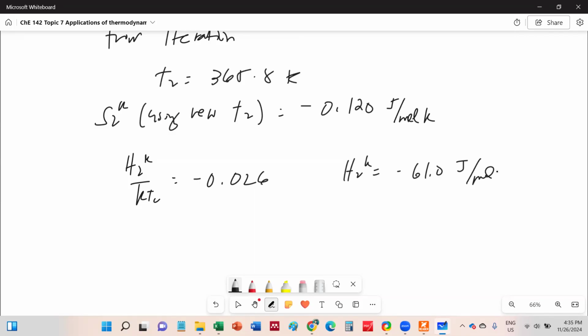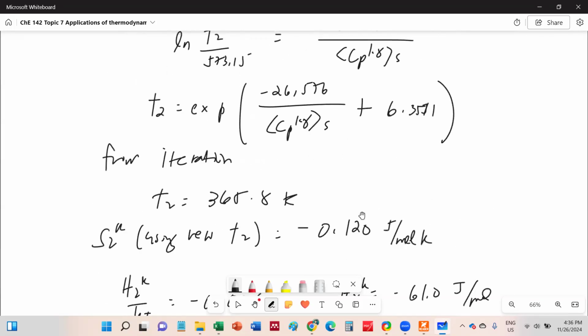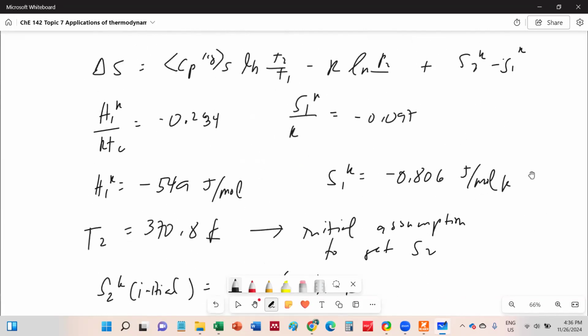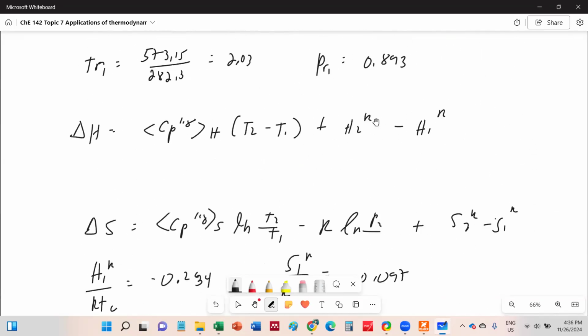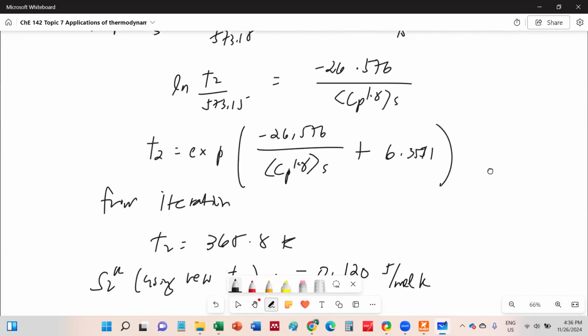Okay? Now what's next? Now we need to calculate for delta HS. And what's our working equation? This is our working equation. This one. Okay? For letter B, we have H2R and H1R. So let's do that.